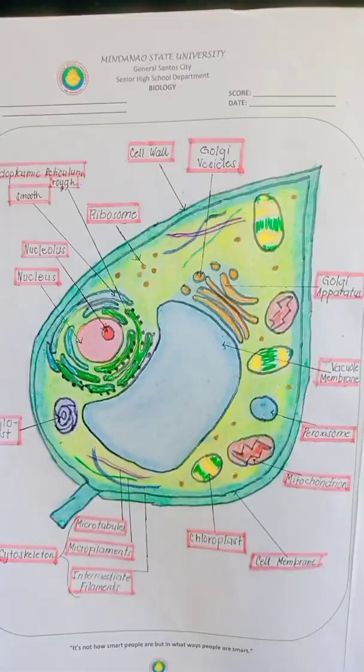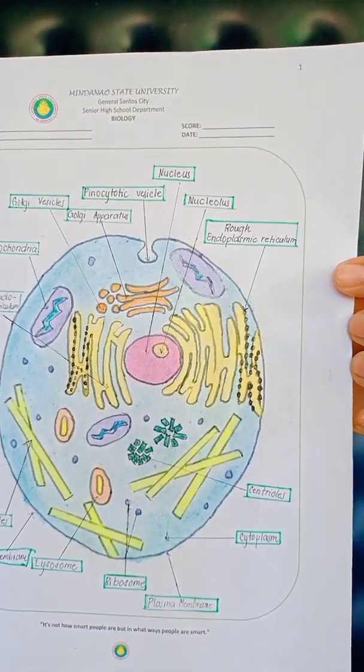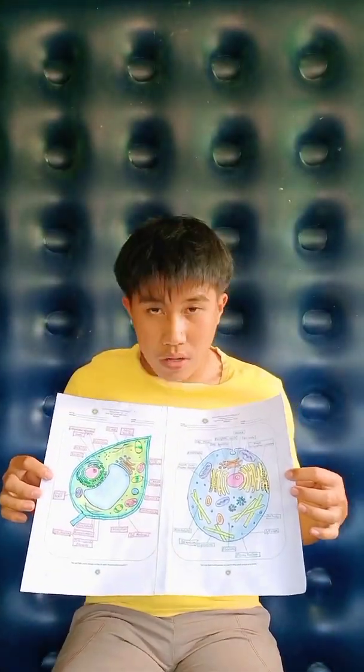The function of this part is that it builds protein by putting together a long chain of amino acids, and it serves as the site of protein synthesis and not photosynthesis, because photosynthesis ay nangyayari lamang po dito sa plant cell and it is not present here in an animal cell.